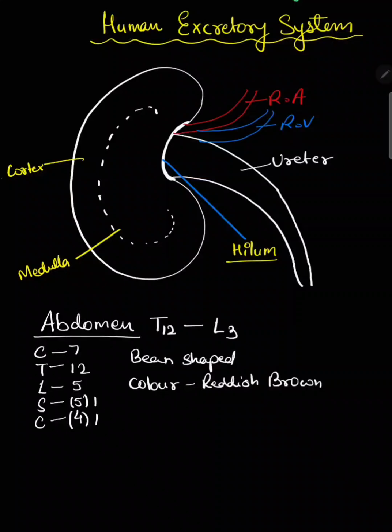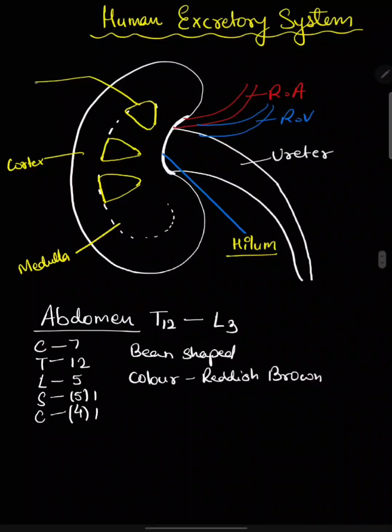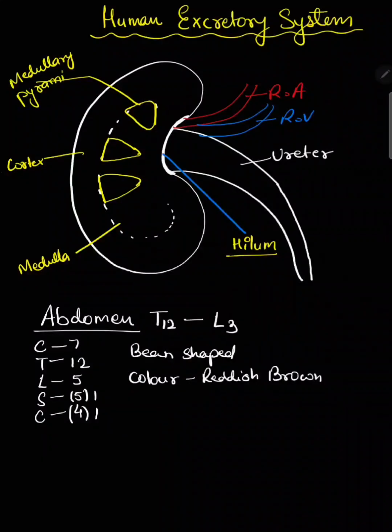Now in the medulla, we have certain triangular structures, also called pyramidal structures. These are called medullary pyramids because they are pyramid shaped.